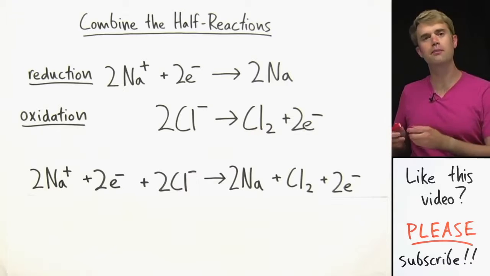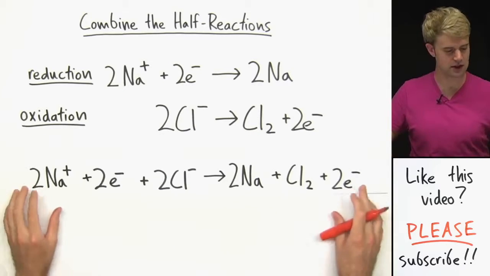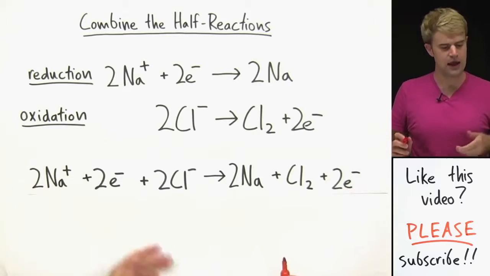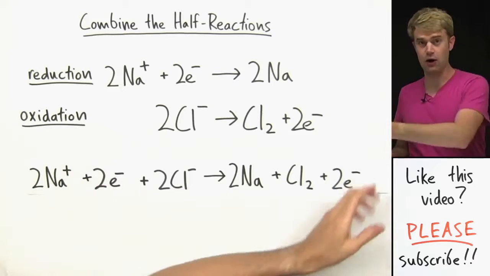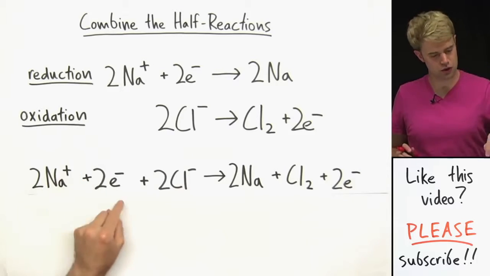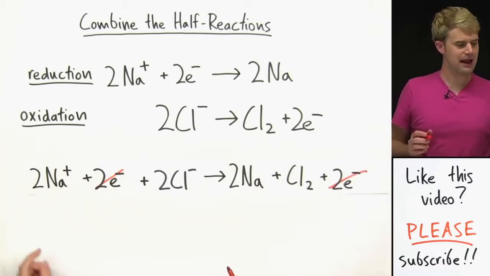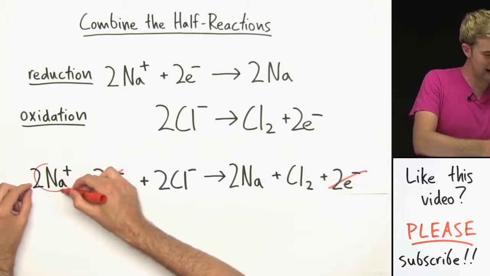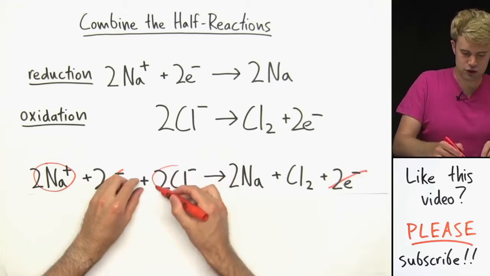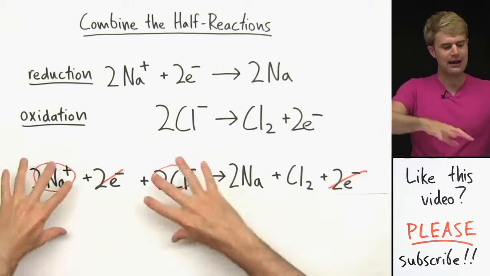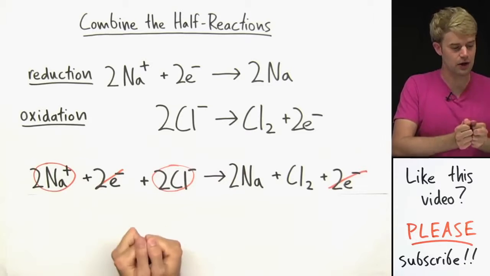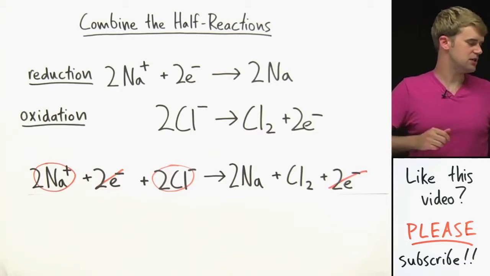Now there's still a little bit more that I have to do before this equation is totally finished. If there's anything on both sides of the arrow, we cancel it out. So there are 2 electrons here and 2 electrons here. I'll cancel those out. And then I have 2 Na+ here, and I have 2 Cl- here. I can combine those together to make NaCl.